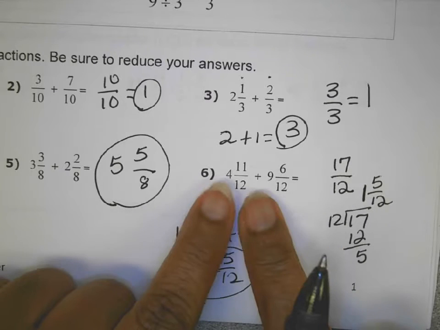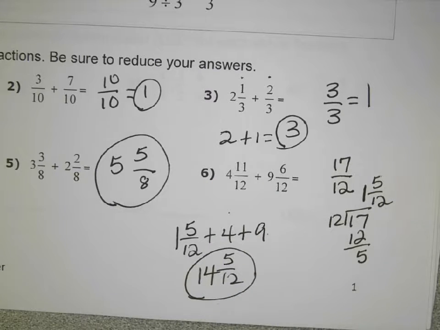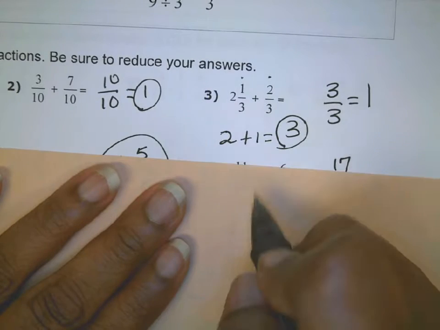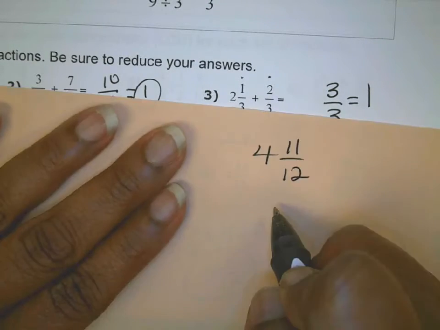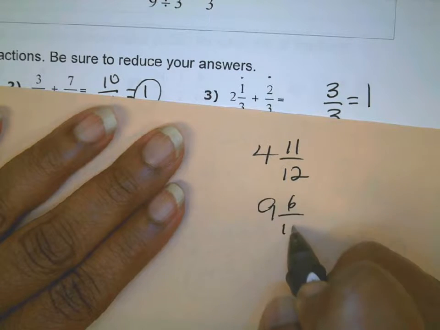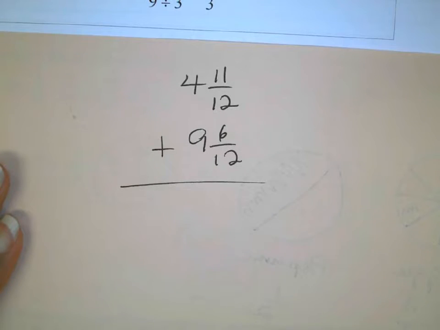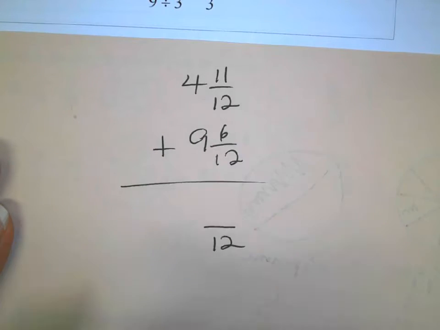On number 6, I ignored the whole numbers first. Okay, actually, let me just do it again from scratch here. I ignored them because I like to handle the fraction first. Okay? So the first thing you're going to do is write down 12 because 12 is the common denominator there.